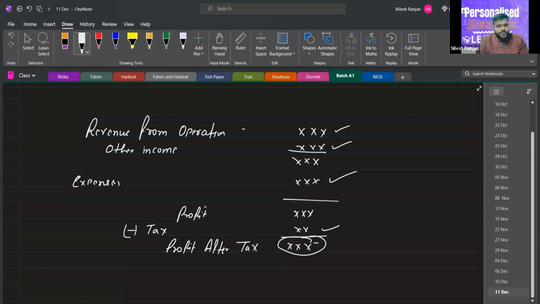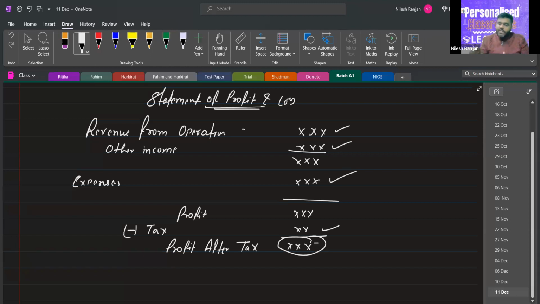Yes, sir. Yes, because the revenue from operation, for example, you take cash sale and credit sale both, not only cash sale, because the statement of profit and loss, we don't prepare it on cash basis, we prepare it on accrual basis.